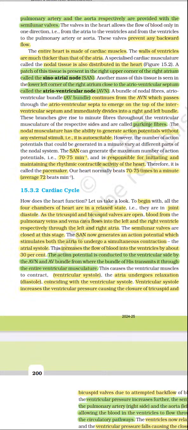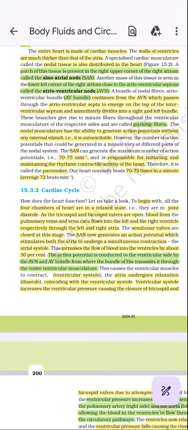The SA node can generate the maximum number of action potentials, that is 70 to 75 per minute.